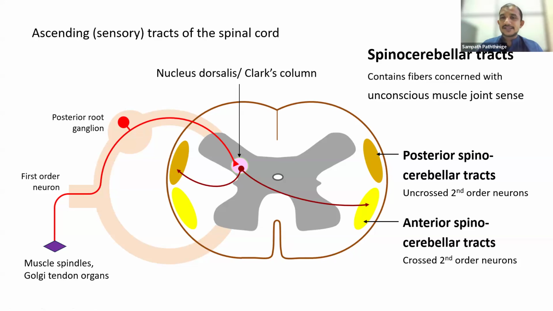One crosses to the opposite side and goes into the anterior spinocerebellar tract. The other one ascends on the same side as the posterior spinocerebellar tract. So the posterior spinocerebellar tract has uncrossed fibers and carries information from the same side, while the anterior spinocerebellar tract carries information from the opposite side.